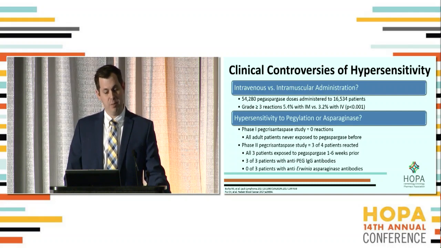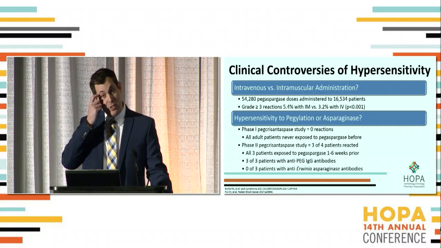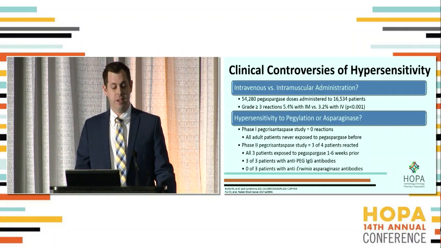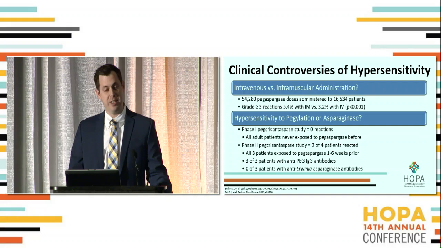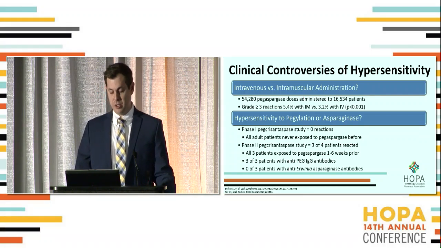And when they actually did some more digging into those 3 patients, they had all had PEG asparaginase 1 to 6 weeks prior. And when they started checking some antibody levels, they saw that 3 of 3 patients did have anti-PEG IgG antibodies present, but none of those 3 patients had anti-Erwinia asparaginase antibodies present. So the running thought is most likely it's the pegylation that's causing the problem instead of the actual asparaginase product.